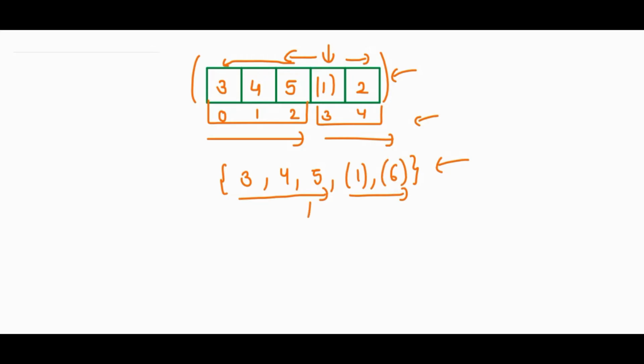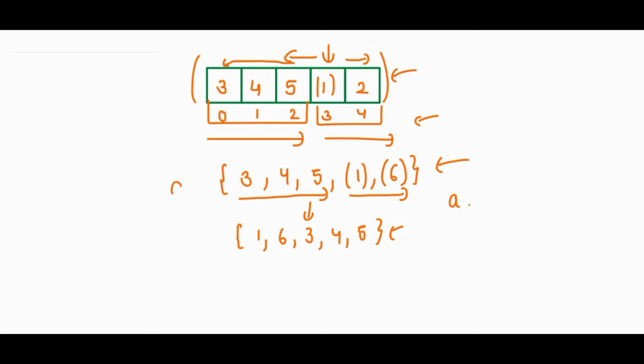because if we write this array around 1, it will be 1, 6, 3, 4 and 5, which is not sorted, right? To check that this array is sorted as well, we have to check one more condition, that is the last element of the array.